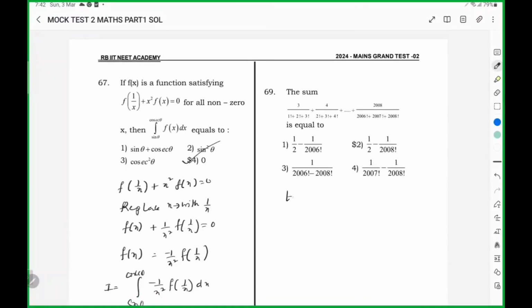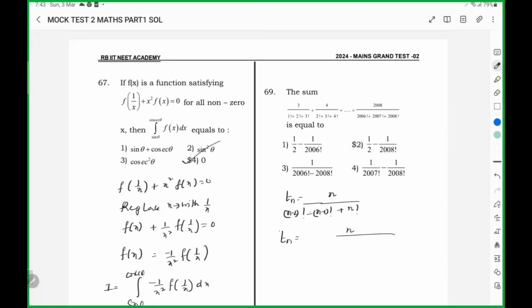Now this type of problem: the nth term, if you consider, is 3n by n factorial, (n-1) factorial, (n-2) factorial.